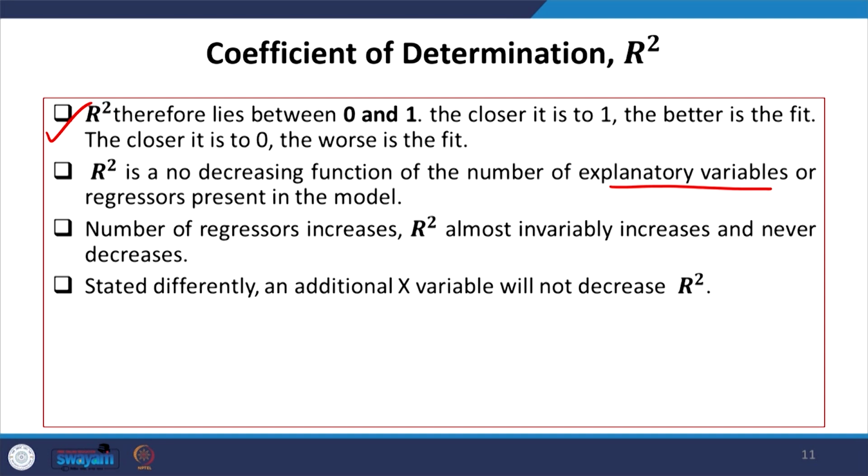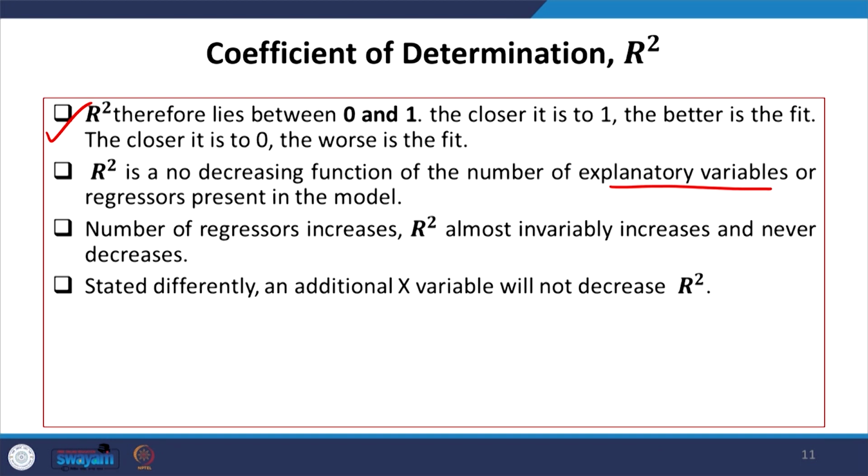So, it might happen that you have taken very specific, very limited variables, 2 or 3 variables, and you wanted your R square value to be very high. But one suggestion we usually give to our researchers is that while your R square is low, you should first attempt to fit your model by including the most important variables. When you increase your variables, it is expected that your model is going to be a better fit.